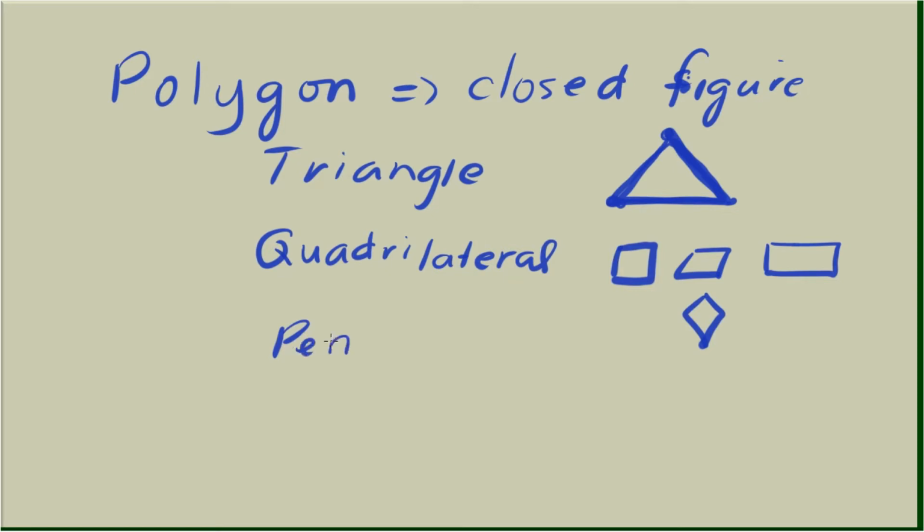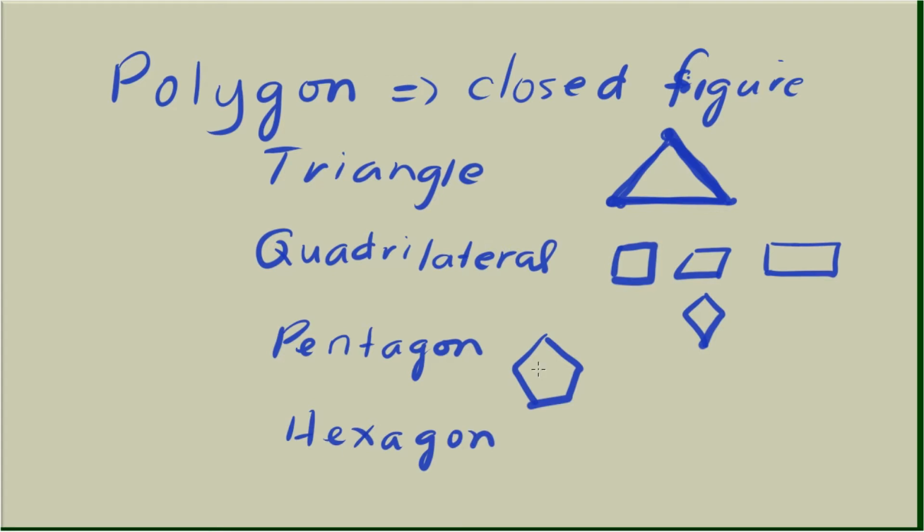You can increase the number of sides. Let's say a pentagon is a polygon with 5 sides. You can just keep on adding the number of sides, and these are all types of polygons.